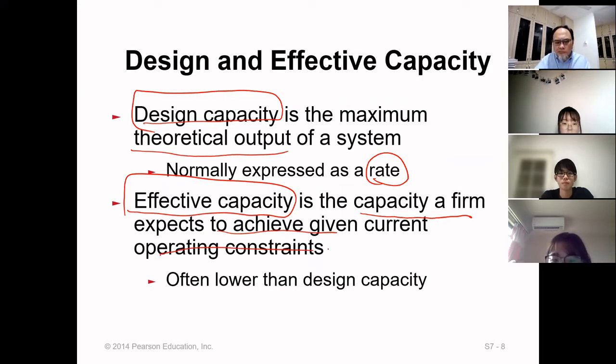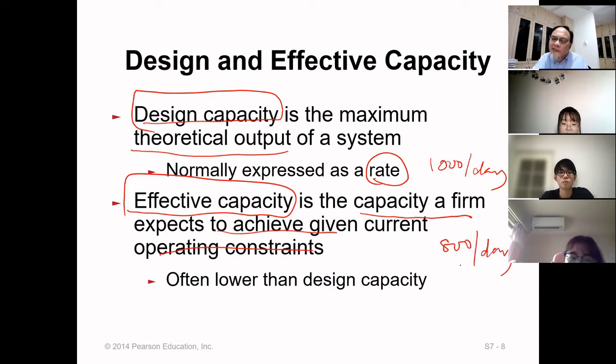For example, in a company, machine breakdown, or you need to reduce the speed of the machine. So instead of, for example, producing 1,000 per day, because of maintenance and delivery of parts, your effective capacity is only 800.